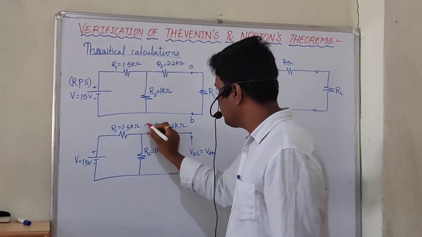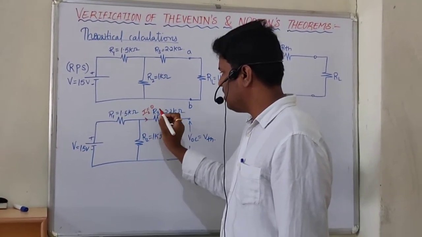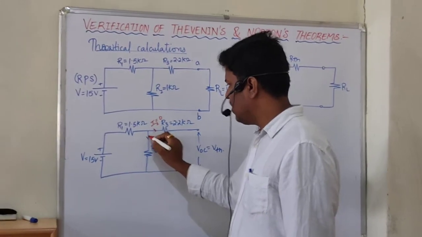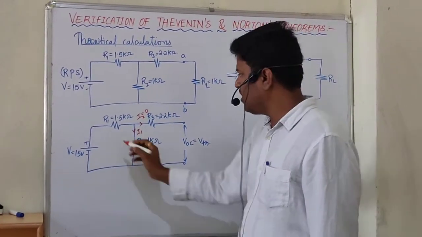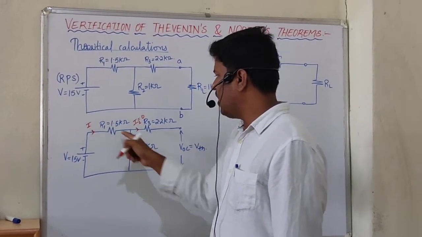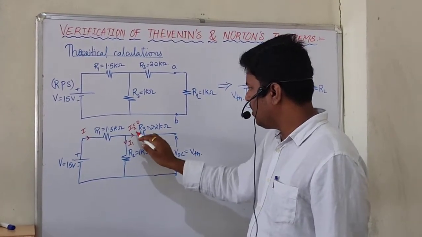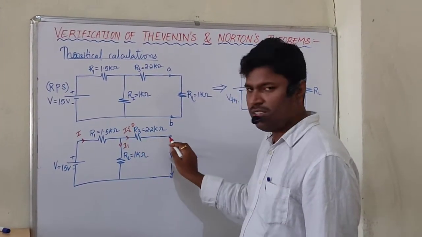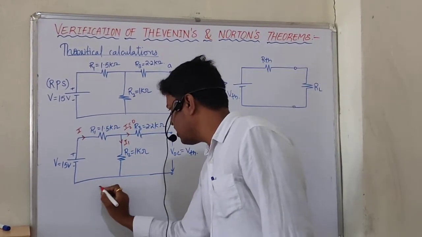Here current is 0. Right? Let's say this is I2 and I1. I1 will be flowing in this path, right? So I and I1 are equal. Why? Because it is open circuited. I2 will be 0 in this path, and I and I1 are equal.